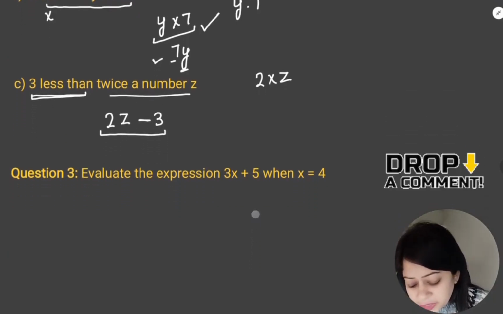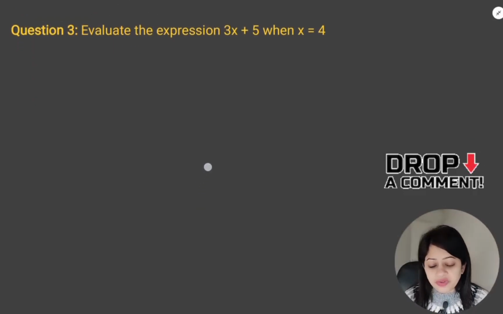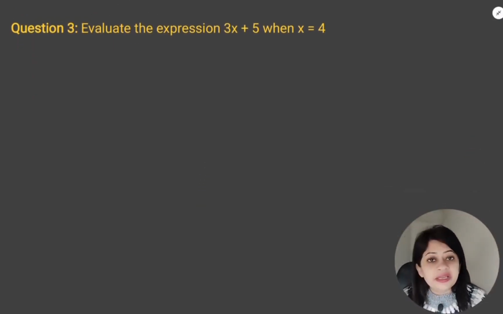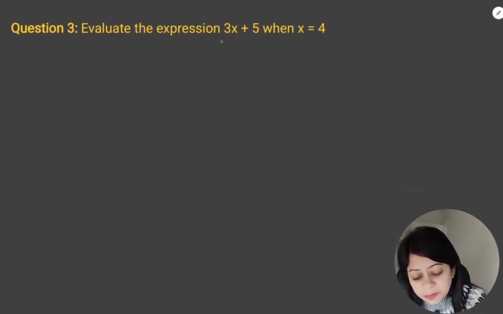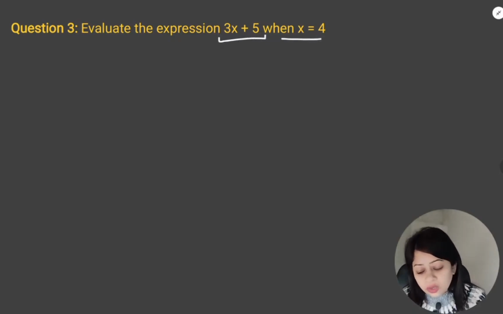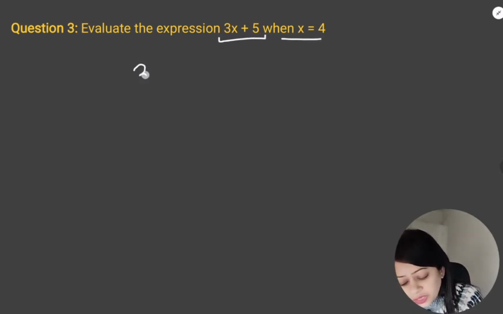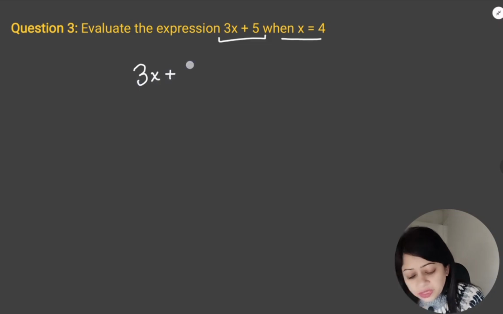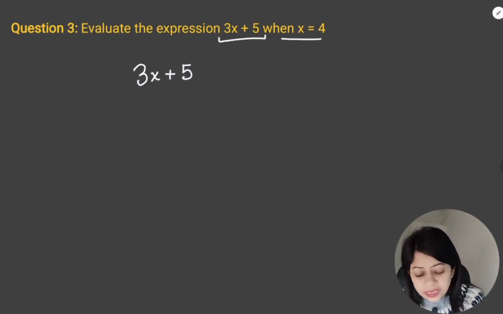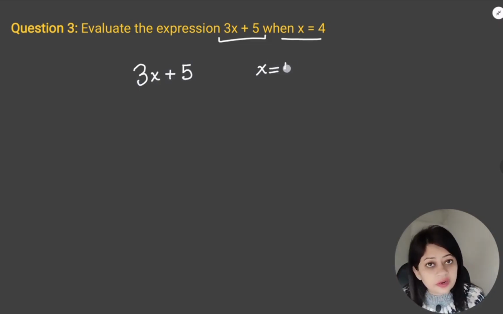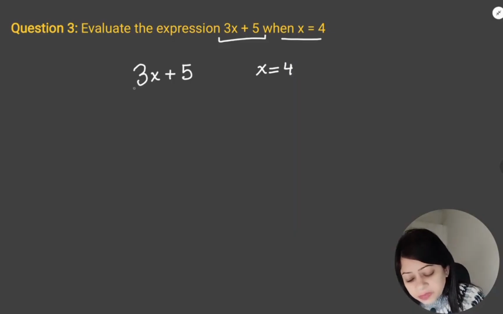After this, we have question number 3 now. Evaluate the expression 3x plus 5 when x is equal to 4. They are telling us x is 4, right? So 3x means 3 multiply x.